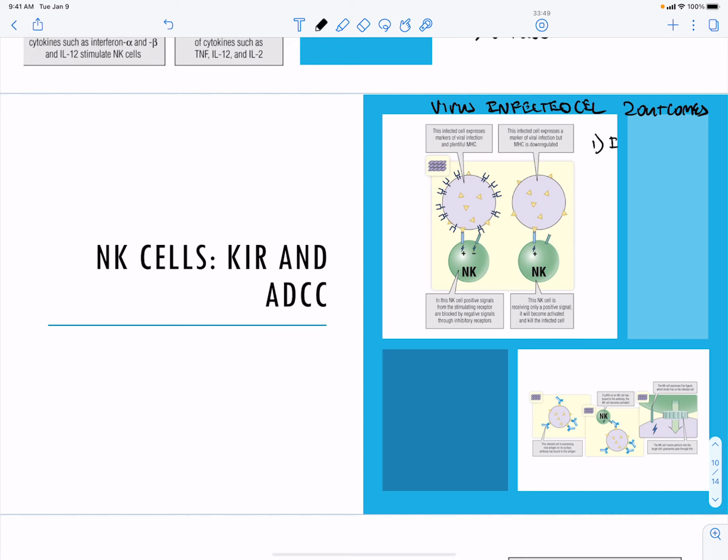One, if MHC1 is present, the cell survives. And two, if MHC1 is not present, then the cell is killed.